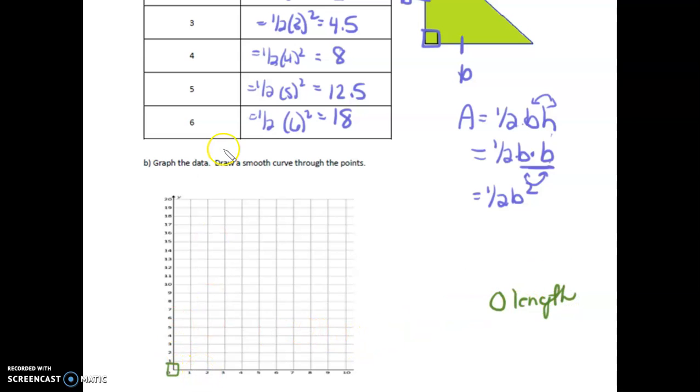So let's go ahead and graph the points in here: 1, 1/2; 2, 2; 3, 4.5; 4, 8; 5, 12.5; and then 6, 18. And we're going to connect those with a curve of best fit. Okay, and we can label A equals 1/2 base times height.